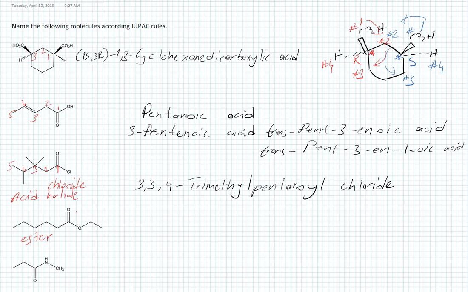Okay, let's look at here. How many carbons are in the longest chain in this part? Not in this part, because this part will be named differently. So we have 1, 2, 3, 4, 5, 6. So we have 6.